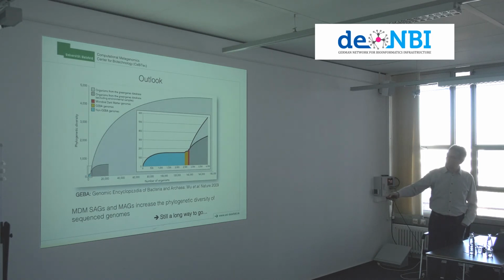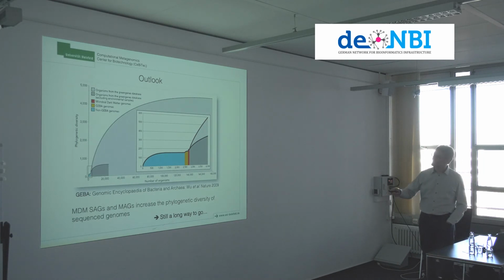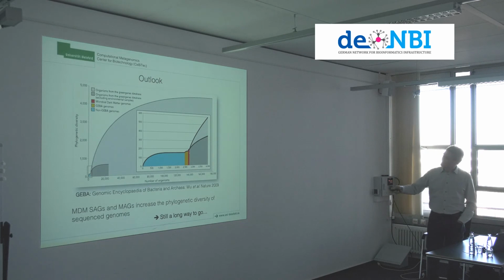So there was an initiative, the GEBA, Genomic Encyclopedia of Bacteria and Archaea, to actually increase the diversity of cultured organisms. And you can see these about, I don't know, 300 genomes or so, they increase the phylogenetic diversity a little bit, right? And the red ones are these 200 microbial dark matter genomes, right? And they, again, increase the diversity.